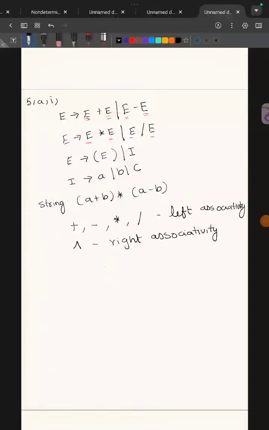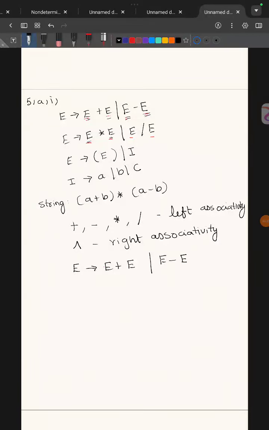For minus also this side e will be the same, and for this side we will introduce a new variable. For multiplication e will be the same, and for this side we will introduce a new variable. That is what we will do. But if it is right associativity, then we will change the left hand side symbol and the right side will remain the same.